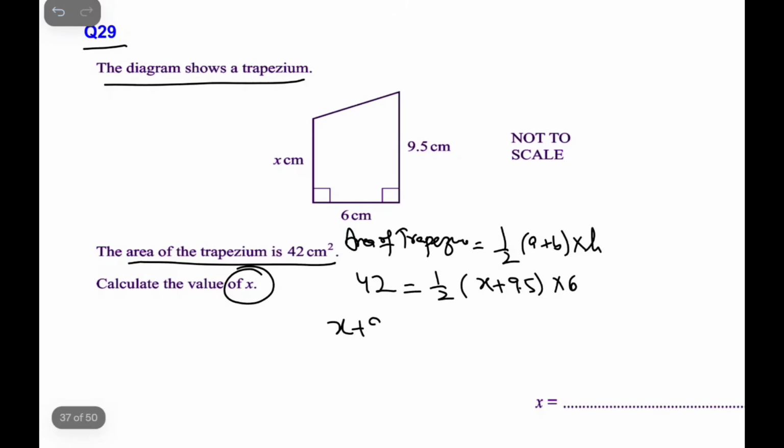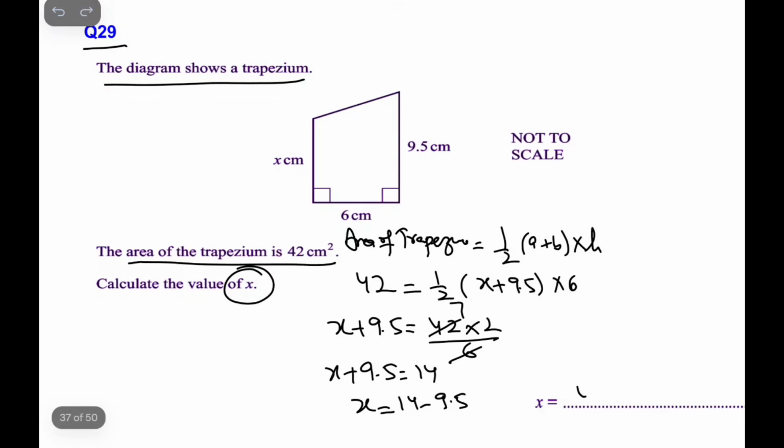So x plus 9.5 will be equal to 42 times 2 upon 6. Now 6 times 7 is 42. So x plus 9.5 will be equal to 14. So x value will be 14 minus 9.5. The x value will be 4.5.